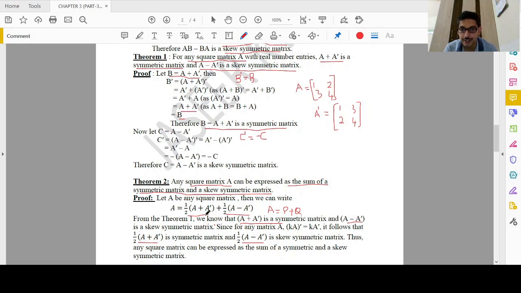Since A plus A dash is symmetric, half of A plus A dash is also symmetric, and half of A minus A dash is skew symmetric.